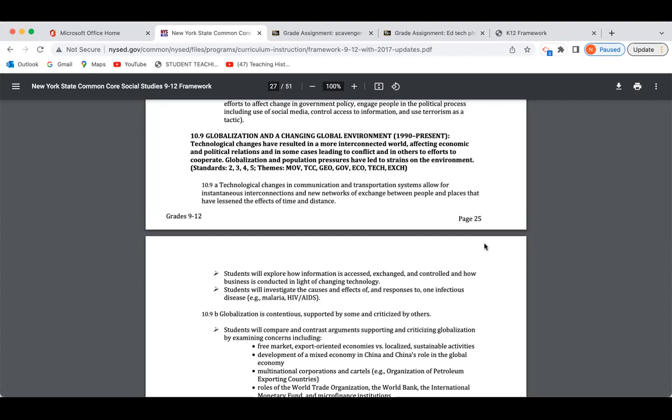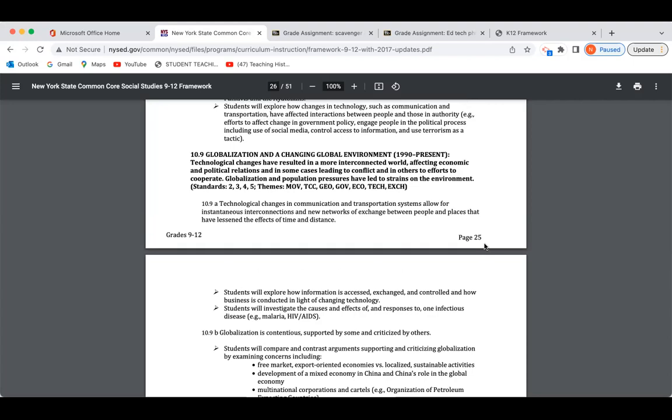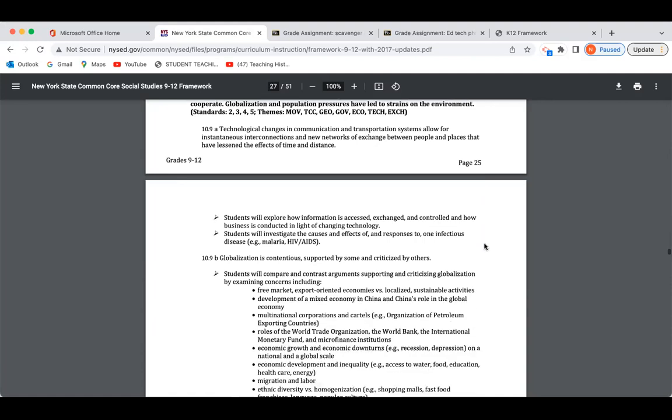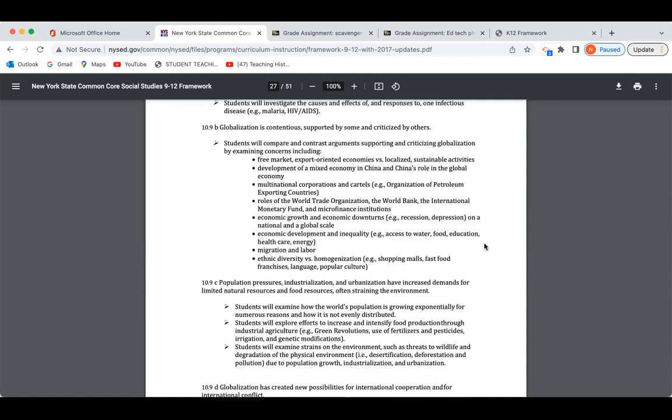If you wanted to do ninth grade curriculum, you could do the printing press, although that might be in the end of ninth grade. But there are a lot of different ideas that you could talk about, like the Green Revolution, for example, in 10.9C.